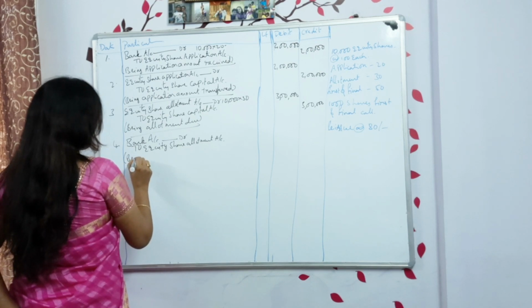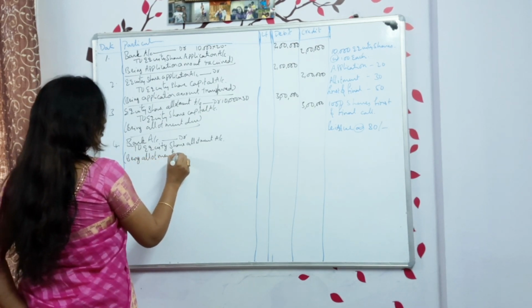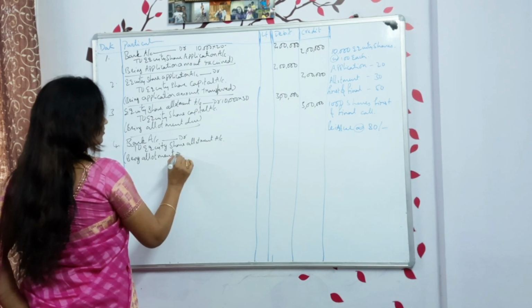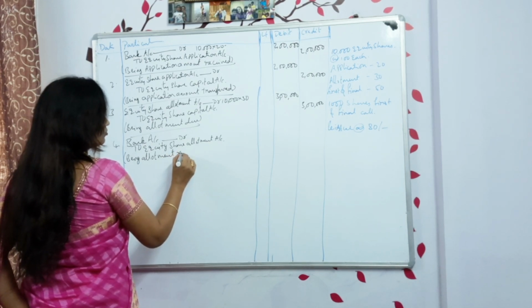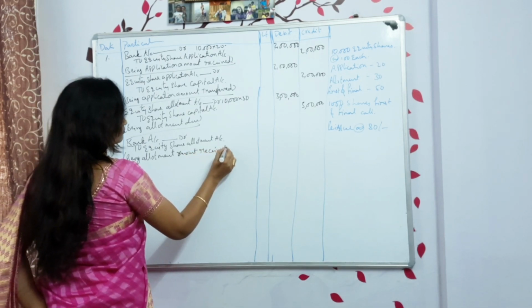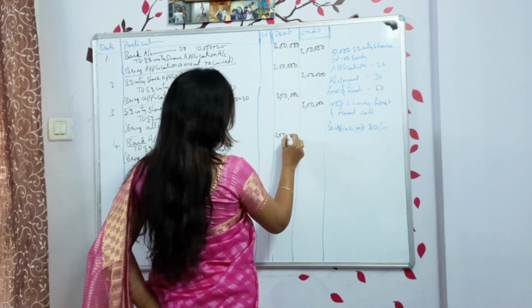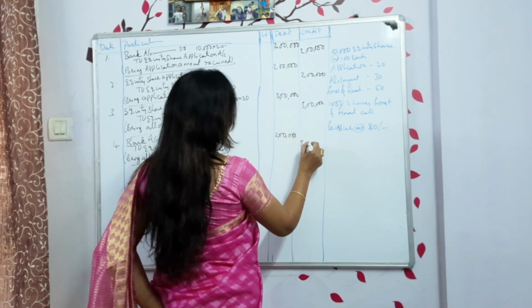Being allotment amount received. What is the amount? Again, this is not a new amount, just 3 lakhs.